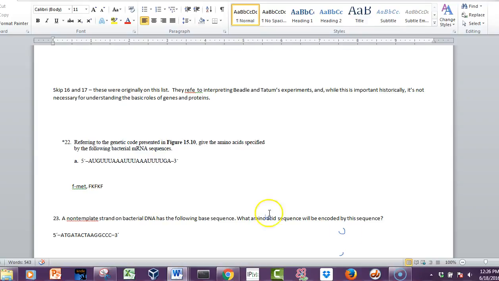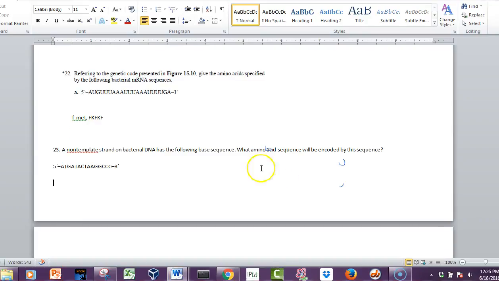So a non-template strand is shown. What amino acid sequence will be made by this sequence? So this is a non-template strand. So let's make it a little bit bigger so we can deal with it. And if that's a non-template strand, we're going to need the template strand. Oh, but we don't need the template strand.